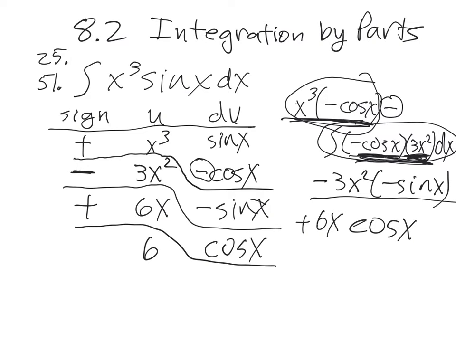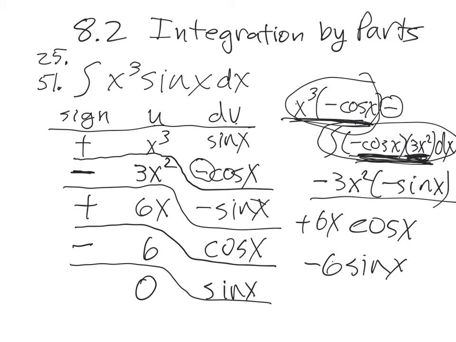And then one more, we'll have minus, this will be the 0. Okay, yeah. Derivative would be 0, and then v, okay, integral of cosine is sine. And so we'd have that as our next line.